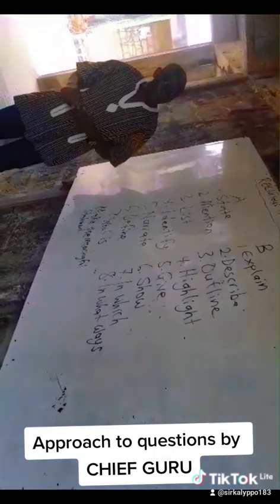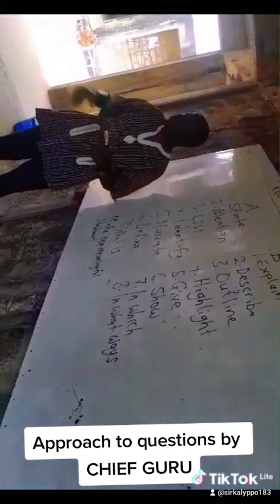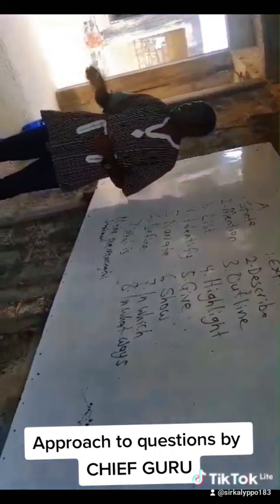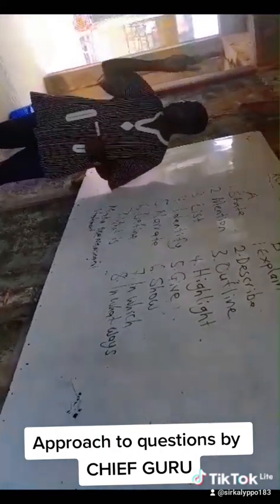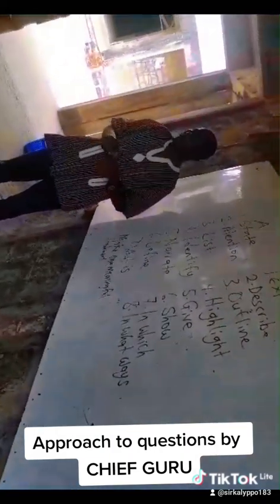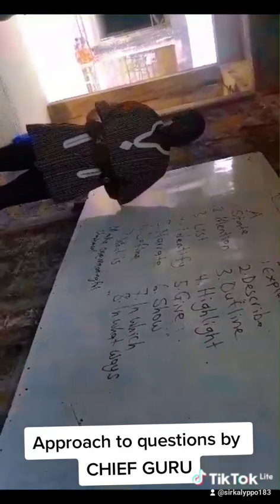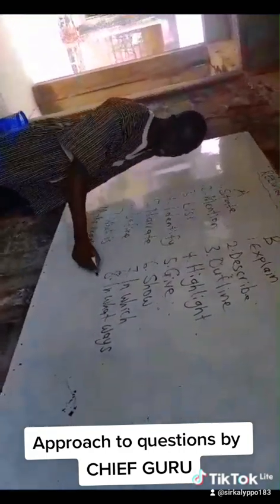Now, what about the B group of verbs? How do we respond to them? 3 things are usually required, but we mark on any 2. The first one, you make a meaningful statement.